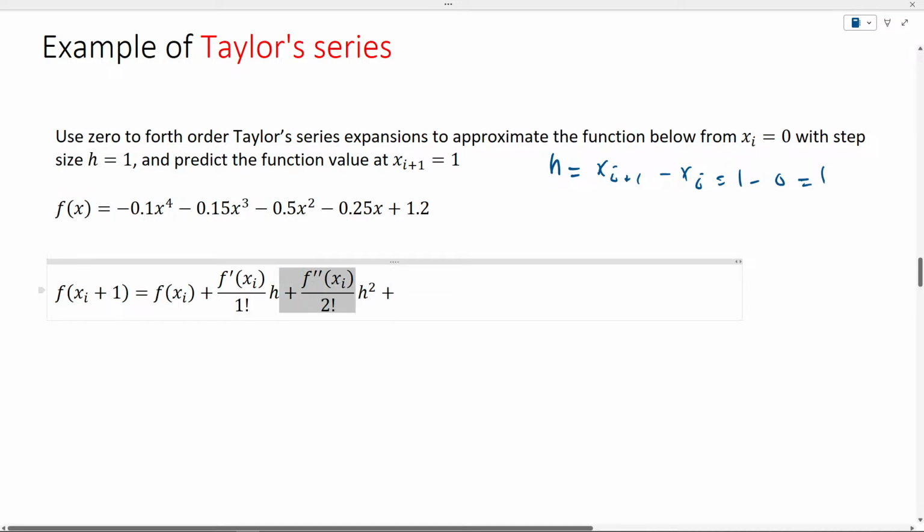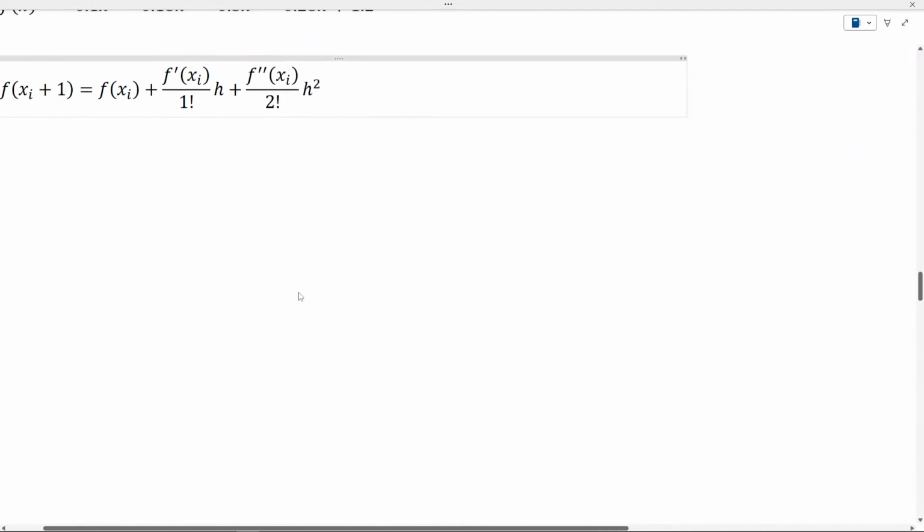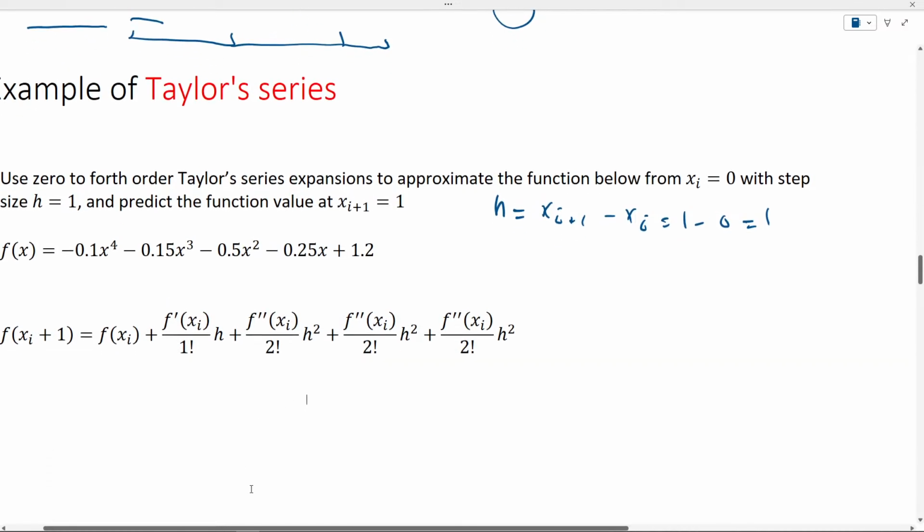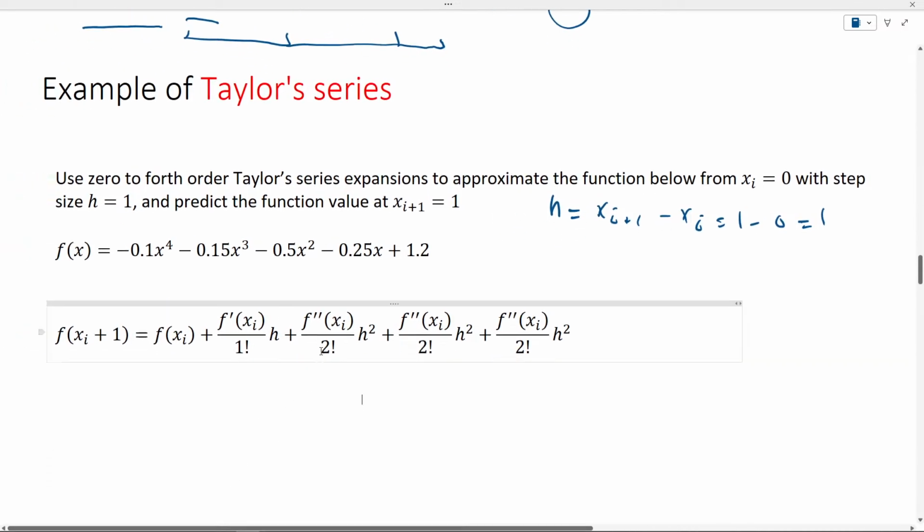Let's do two more. Copy, paste, paste. So basically that is now up to the fourth order approximation.